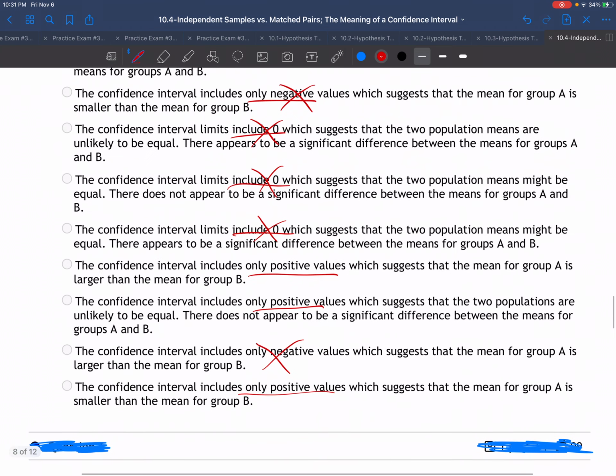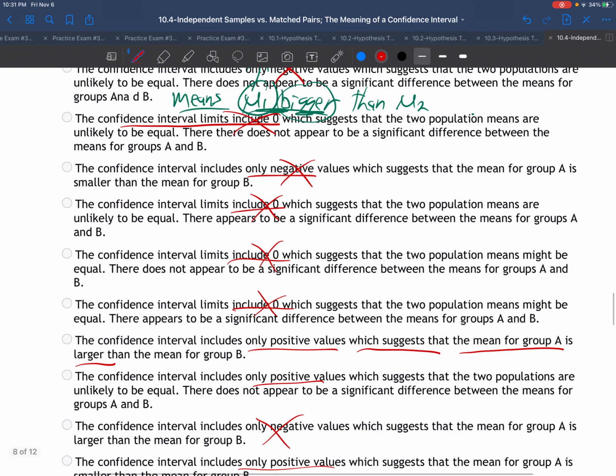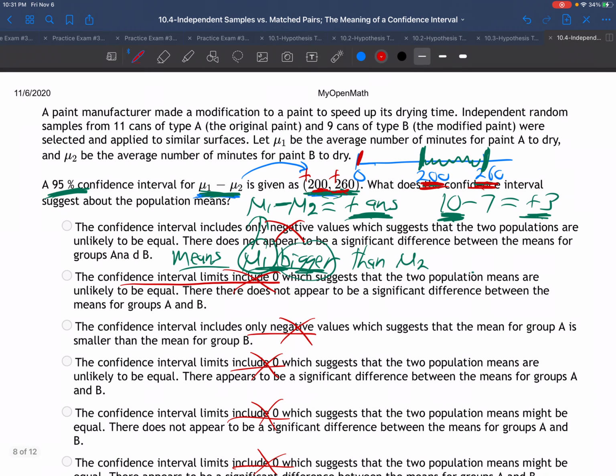So what does that mean? Which suggests that the mean for group A is larger. Is that what it means? A comes first, right? A is the original. It means mu1 is bigger. Yeah, the first group must be bigger. That's when you subtract and it comes out positive. It means the first one's bigger, which we're calling A the first one, B the second one. They said it right here.